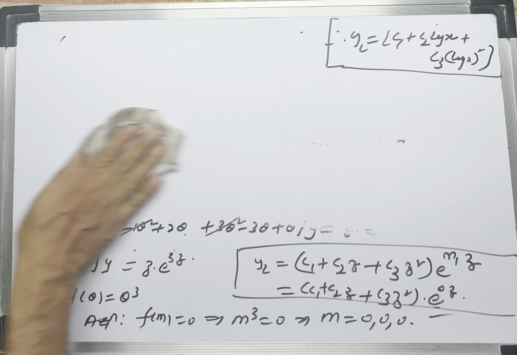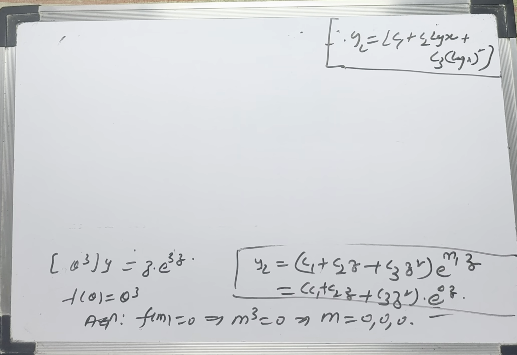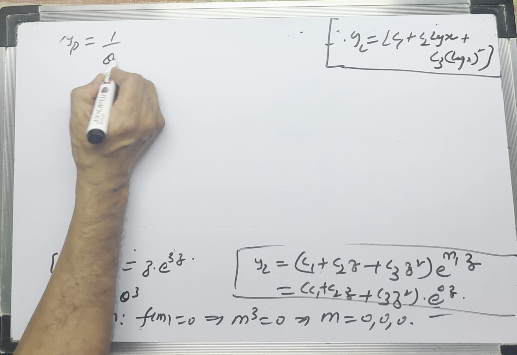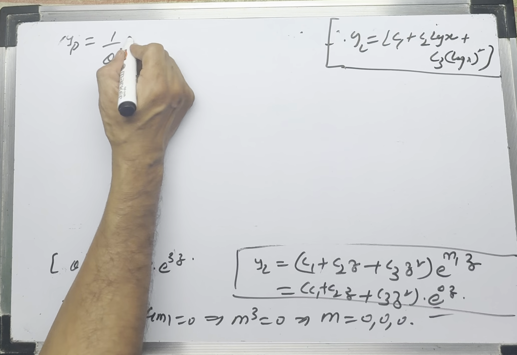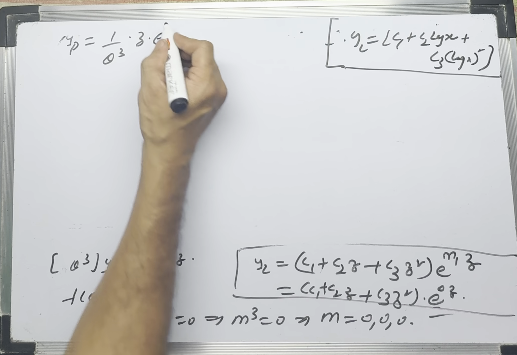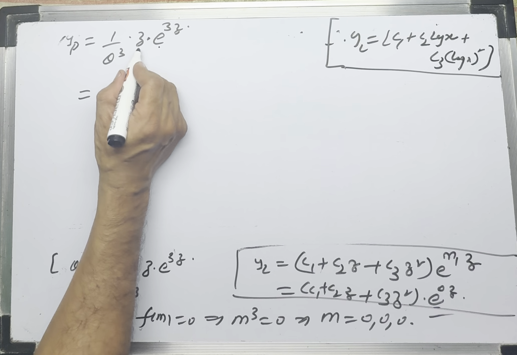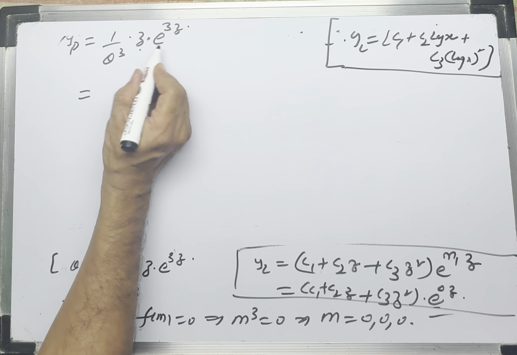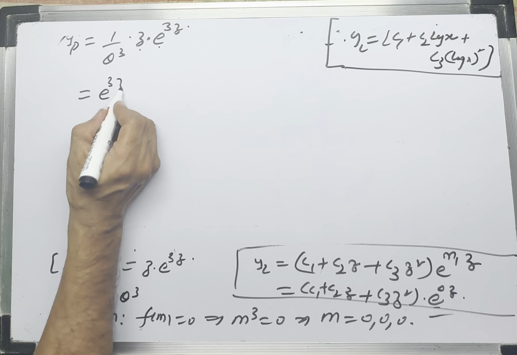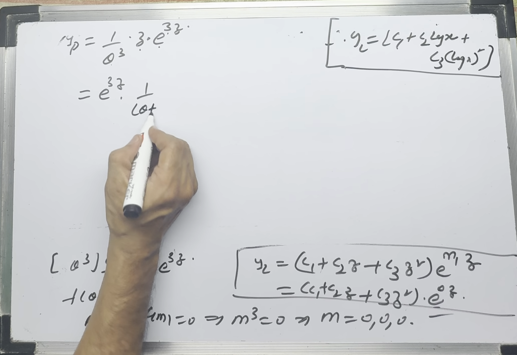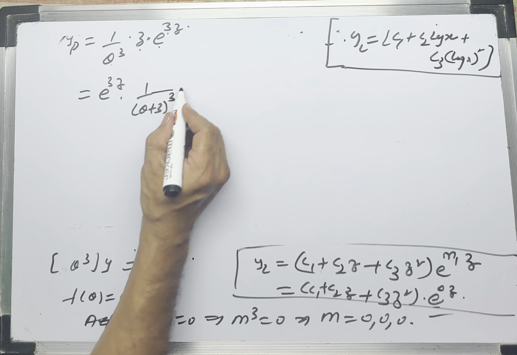To find yp, theta function is here. Yp equals 1 by theta cube, this is inside the denominator, e power 3z. Type 4. In type 4, when e power function is there and any function of x is there, we will take e outside. To take this term outside, we will add that 3 with this theta, with this D value.